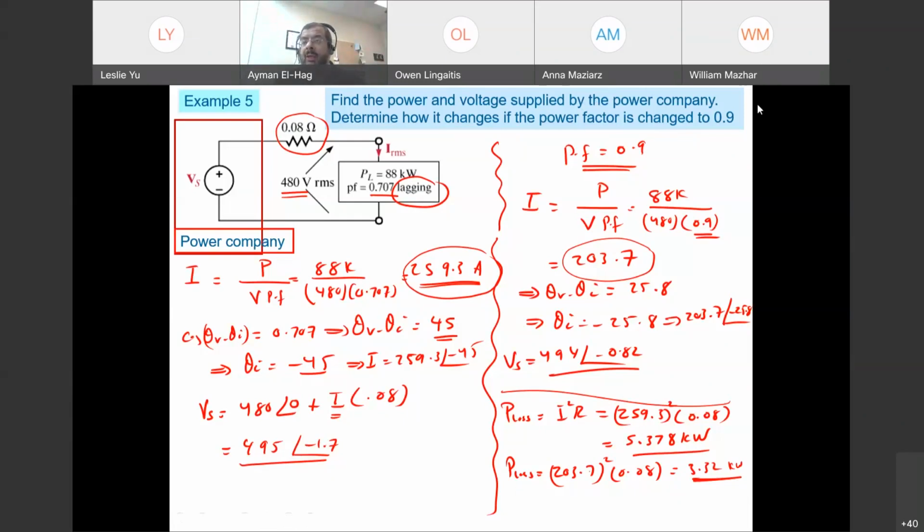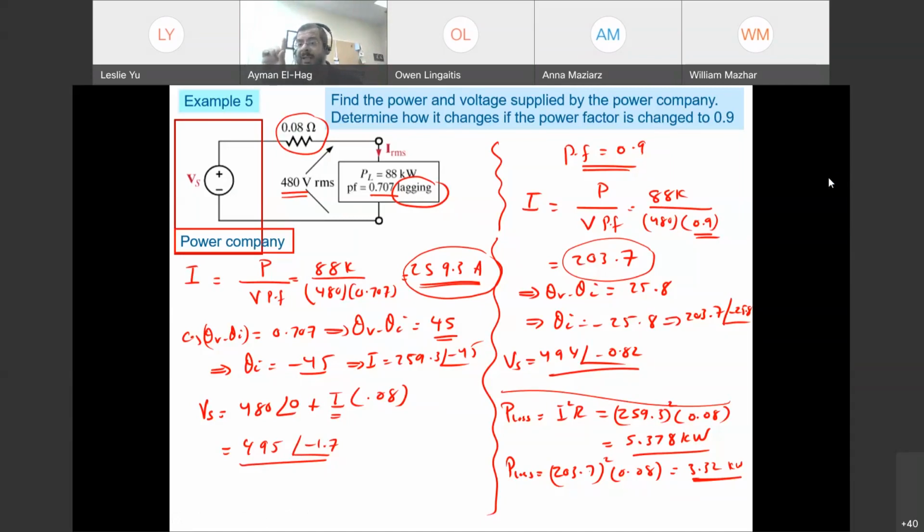When do you think we will have a power factor equal to 1, which is the optimum, the best thing? What scenario will you have so that the power factor equals 1?